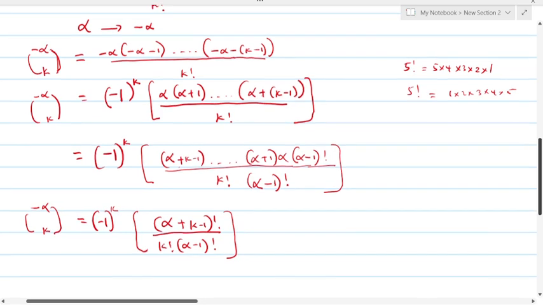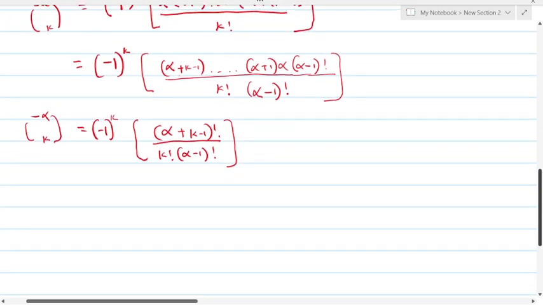Alright, knowing that the factorial of a fraction does not exist, we are going to extend it to our gamma function. Don't forget your gamma function: gamma of n plus 1 is equal to n factorial. Here we have our n to be alpha plus k minus 1.